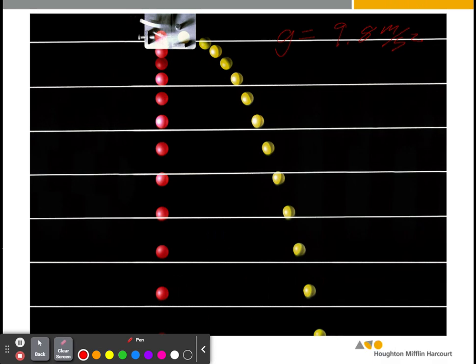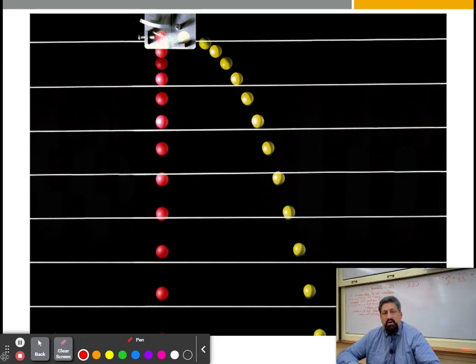The red ball is definitely accelerating downward, because we can see that the intervals between the images of the ball are increasing in size with each successive image. And these images are taken at equal time intervals. So that means that over time, the distance that the ball travels in the same amount of time is increasing.